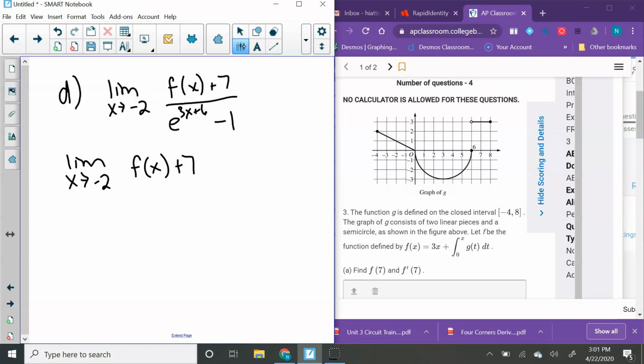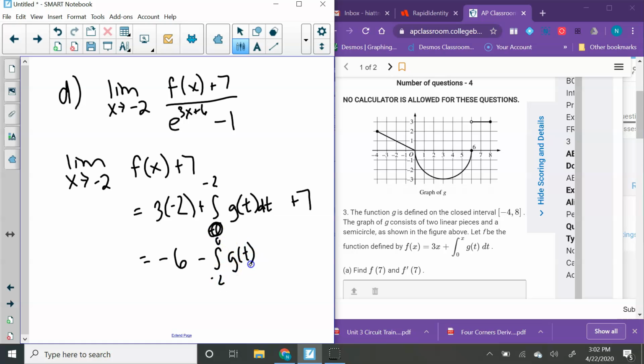You don't necessarily have to show your work here, but this would be 3 times negative 2 plus the integral from 0 to negative 2 of g of t dt plus 7. So this would be negative 6, and I'm going to write this as minus the integral from negative 2 to 0 of g of t dt plus 7.